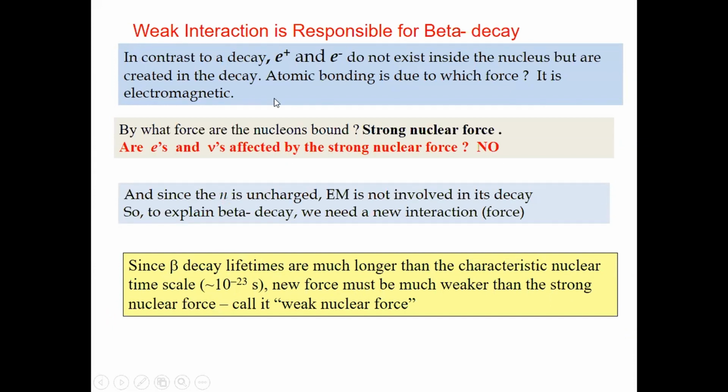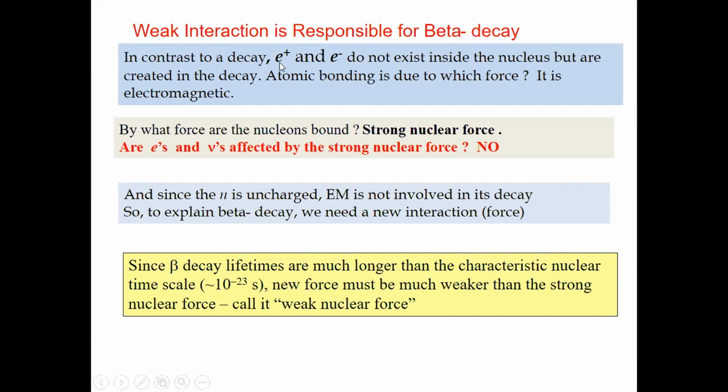Now we know very well that weak interactions are responsible for beta decay. Professor Abdus Salam and Weinberg interpreted it further: beta decay is due to the weak interaction, and the weak interaction is really a kind of electromagnetic interaction at a different time and energy scale.